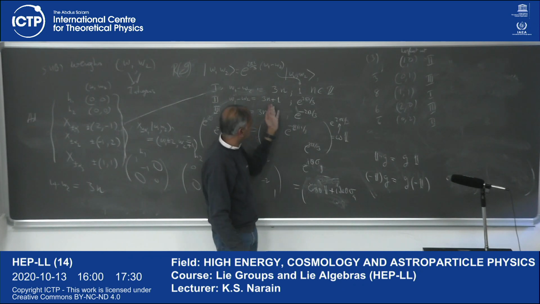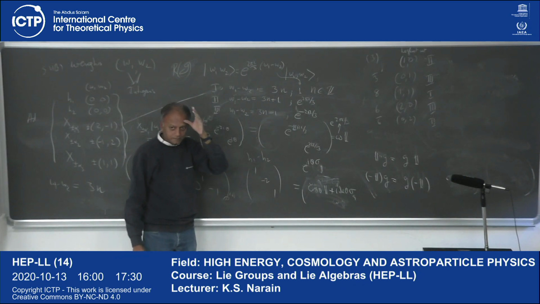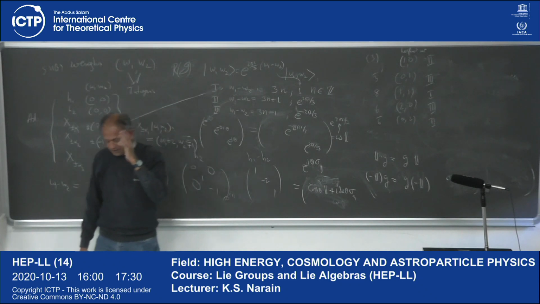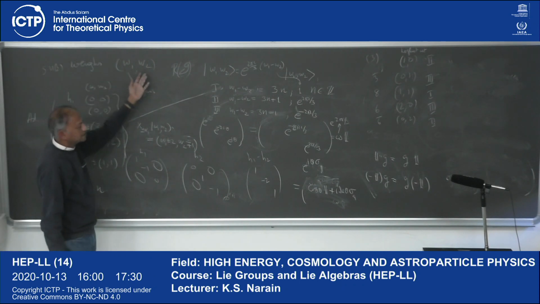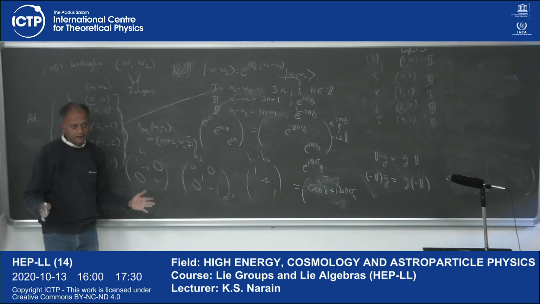So that doesn't change the class. Although this is not included in the lecture notes, it's useful to keep in mind. It's just that there is the center of the group, and the set of weights splits into classes, and those classes are determined by the action of the center of the group. So there is a classification.